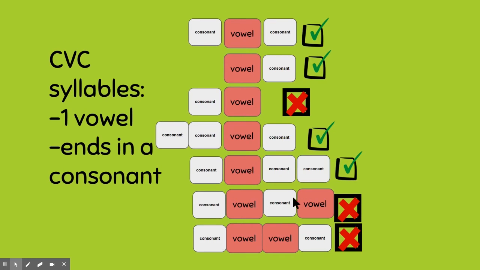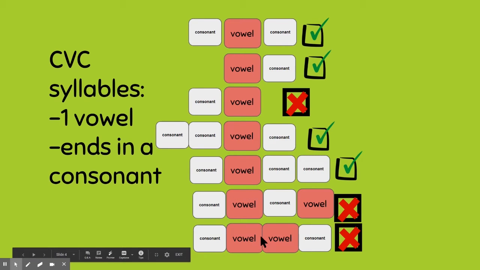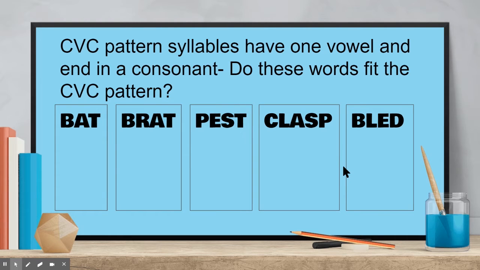But the open syllable, the VCE syllable, and the VV syllable, vowel and vowel side by side, those are not CVCs. But with the CVC, we can be mostly certain that the vowel will have a short vowel sound, right?